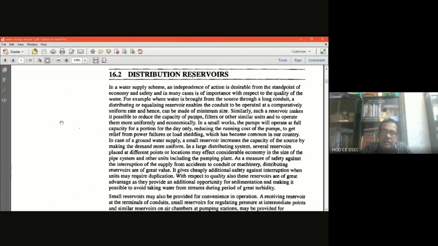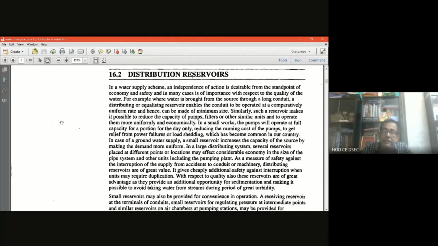Because the reservoir acts as a sedimentation tank. In the treatment process, we have already studied the sedimentation tank where the sediments, that means the particles, are settled. So the reservoir may act as a sedimentation tank where the sediments are precipitated and we can get clear water. So to some extent, it will increase the quality of the water in the supply.